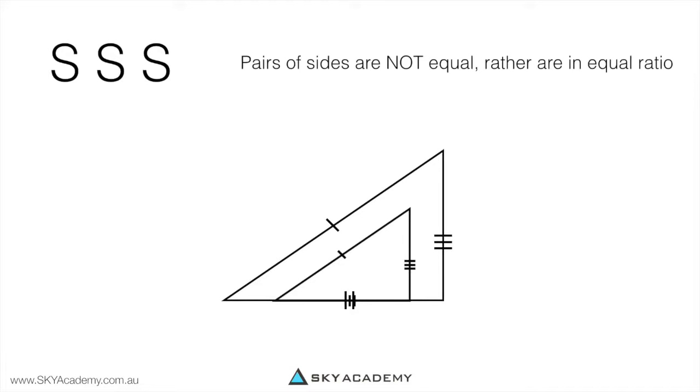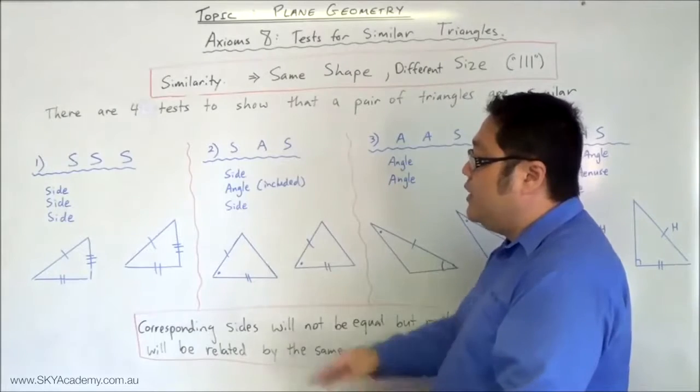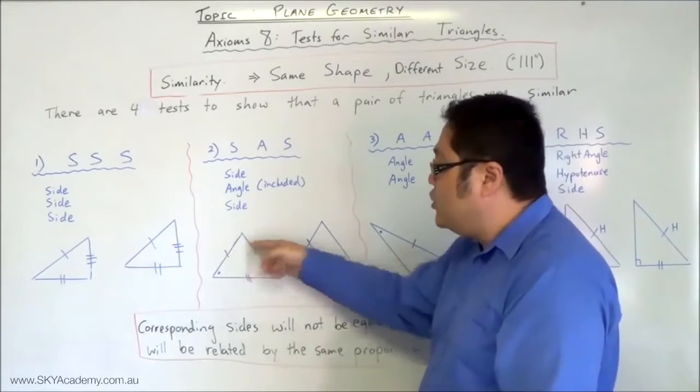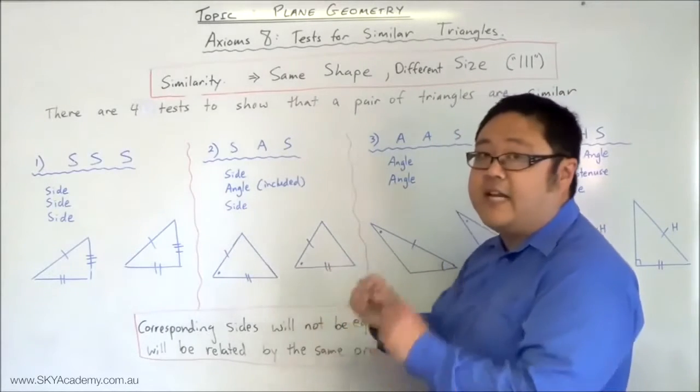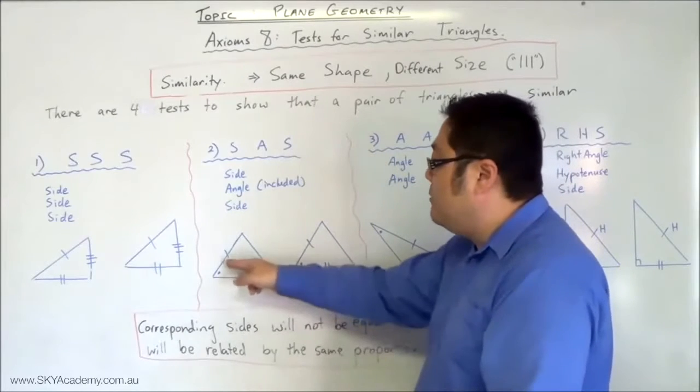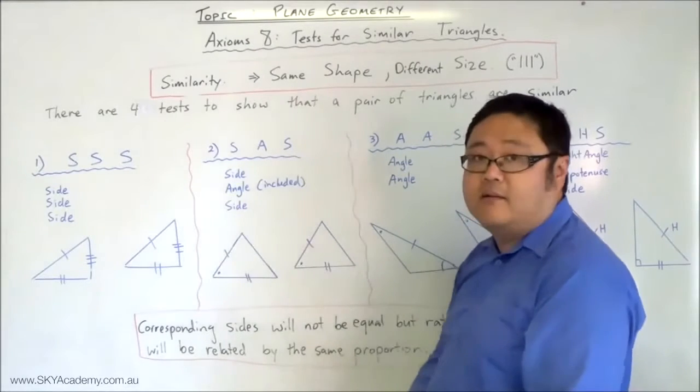And for the SAS test to work, you need an included angle and two pairs of sides that have a common ratio between each pair.